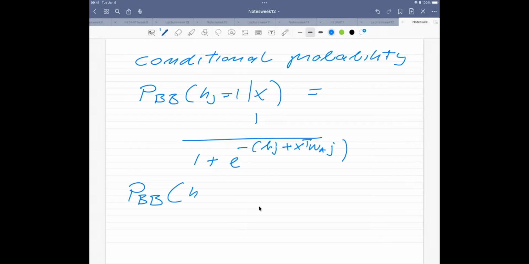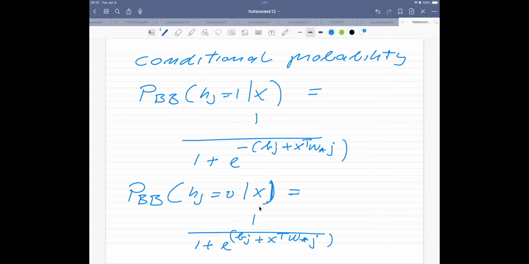So Hj equals 0 is simply 1 minus this other probability, given by 1 divided by 1 plus e to the plus Bj plus X transpose times W, with a column element J. There should be a parenthesis here.